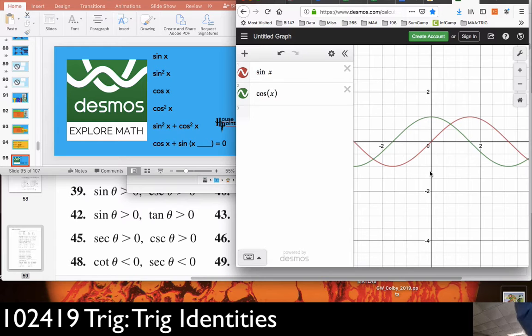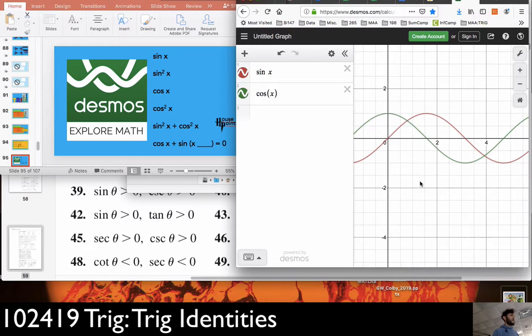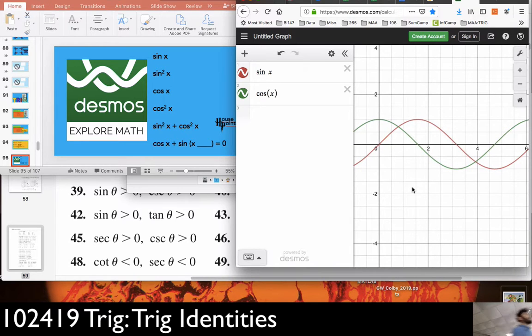Let's move this over. Right here, cosine is 1 because X is equal to R. And then X is now 0.